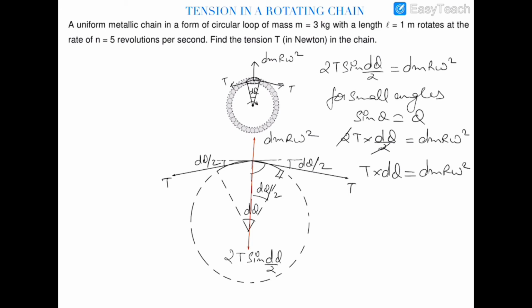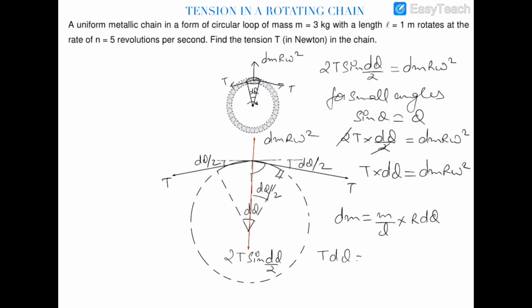Now this dm will be equal to the mass of the chain divided by its total length into the length of the arc. So length of the arc will be r d theta. So the total mass is, let's suppose we are making a general formula. So dm is this.